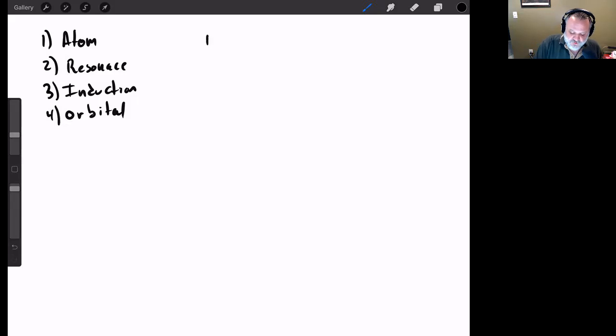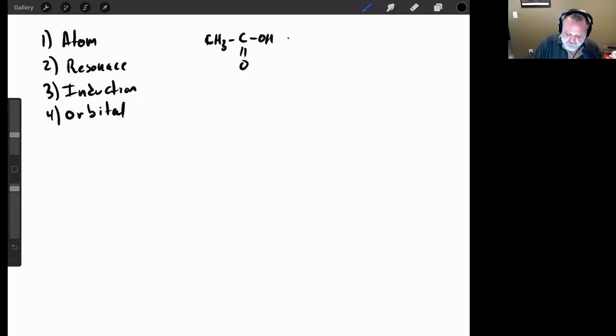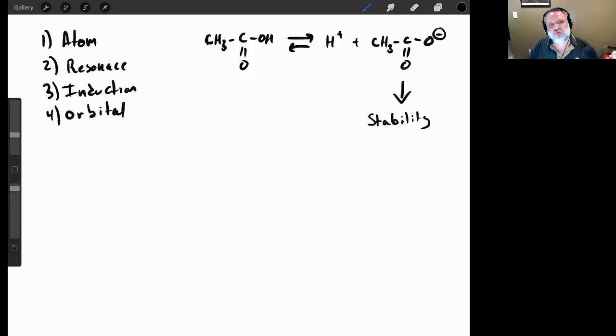So if I were to just show you a carboxylic acid, and show it losing its proton to do this standard Bronsted-Lowry acid-base equilibrium, then I have a conjugate base. And this is the conjugate base that we're examining, and we're asking ourselves, what's the stability of this particular species?